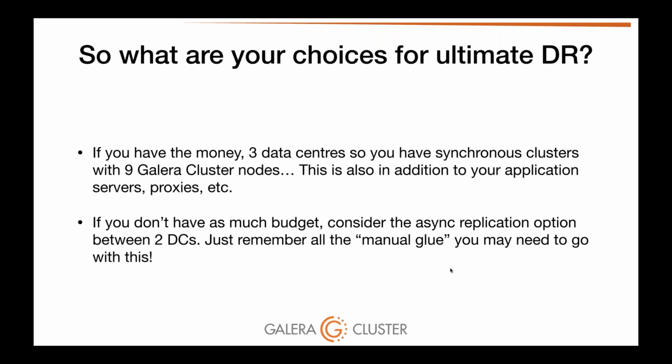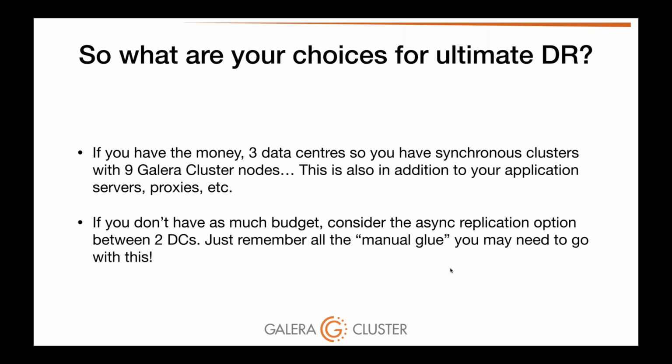However, if you're under budget constraints, the async replication option is not bad. You only need 2 data centers, but you still then do need to configure all the manual glue, as I like to call it, because it doesn't work automatically. You're going to have to figure out how to switch DNS over.